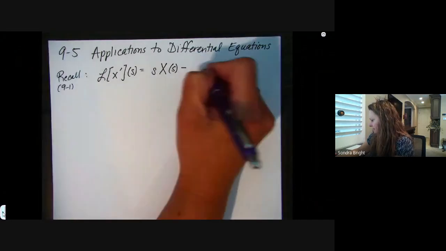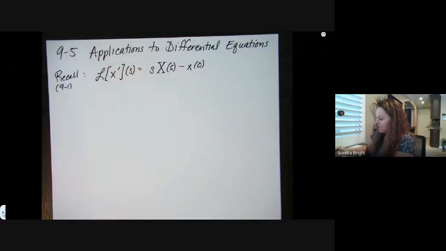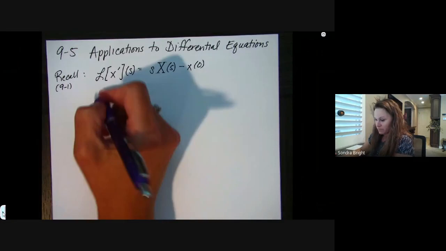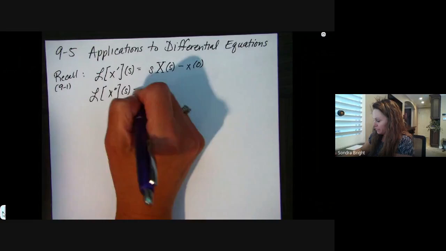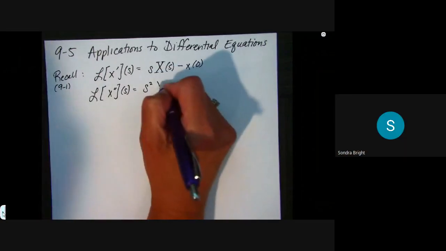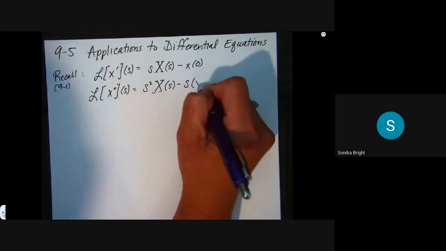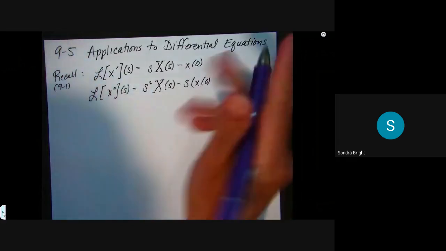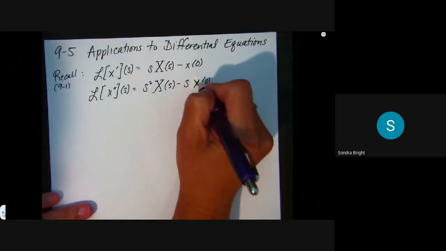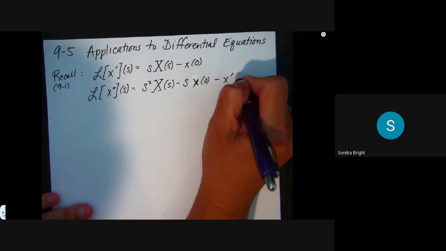And the Laplace transform of the second derivative is s squared times big X minus s times x of 0, and then minus x prime of 0. Okay, so those are from section 1.